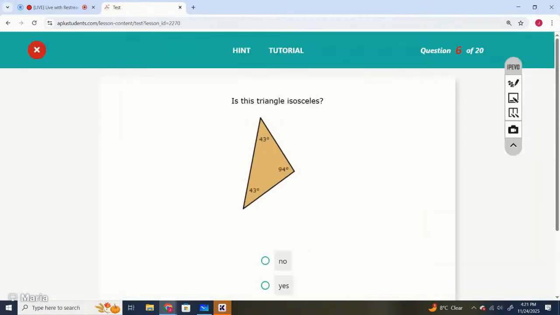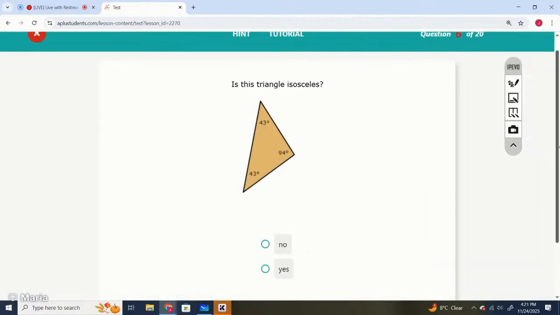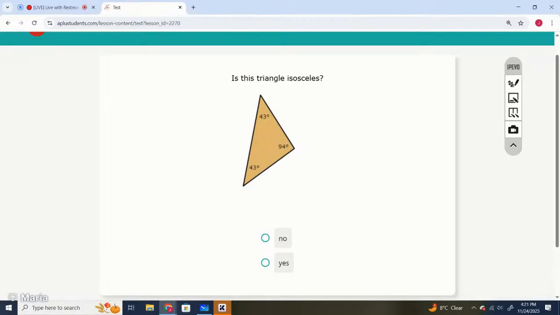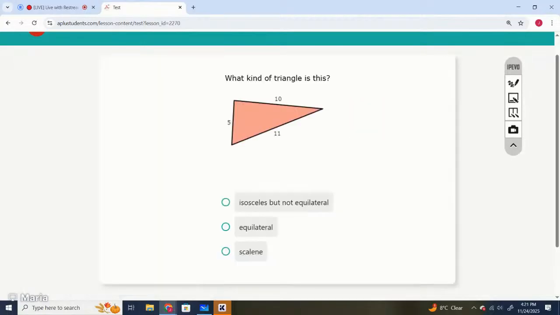Okay, got it. Is this triangle isosceles? Yes, that is the isosceles triangle. Option number 2 is the correct option.